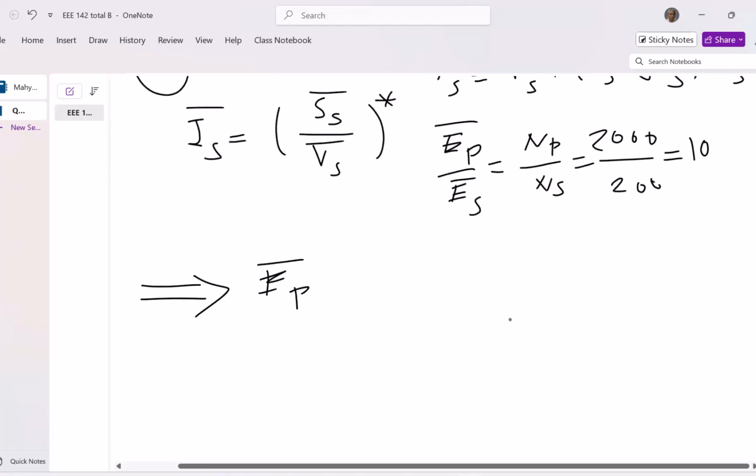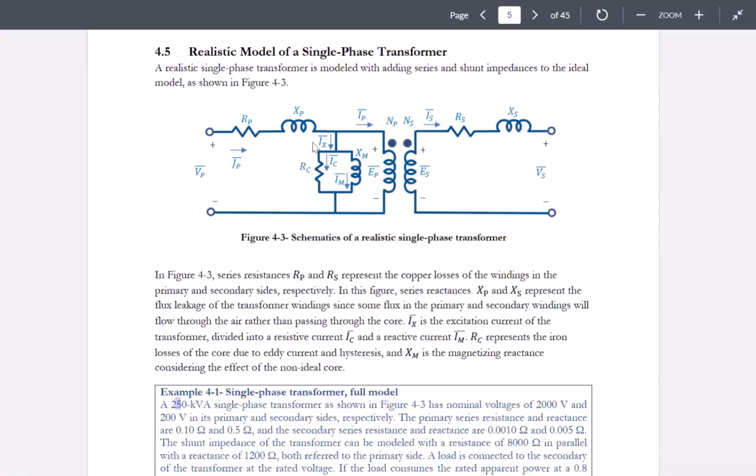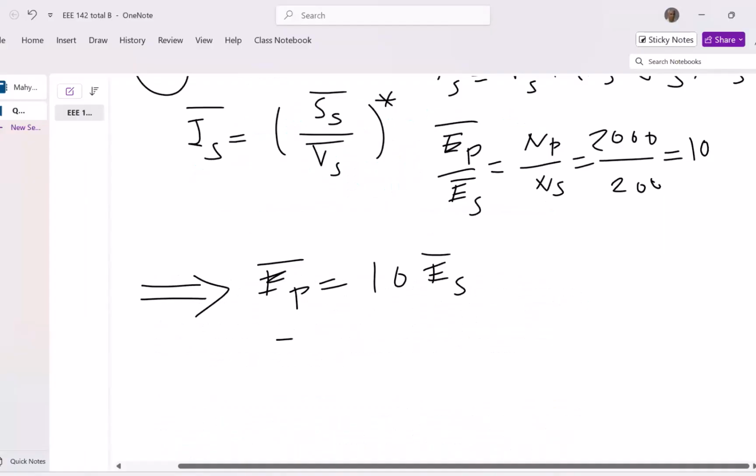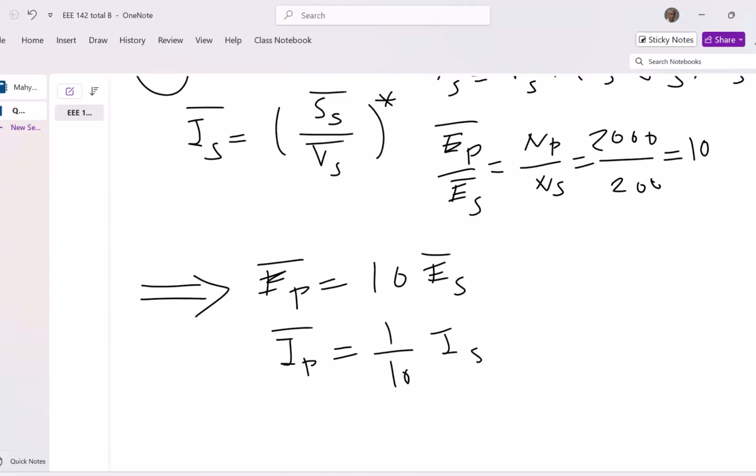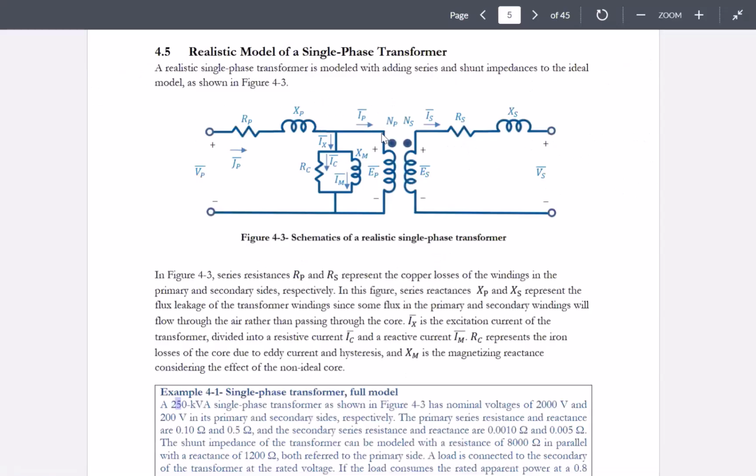EP should be equal to 10 times my ES. And using the reciprocal information, I can find out IP. So IP should be 1/10 of now IS. So I get both the EP and IP.